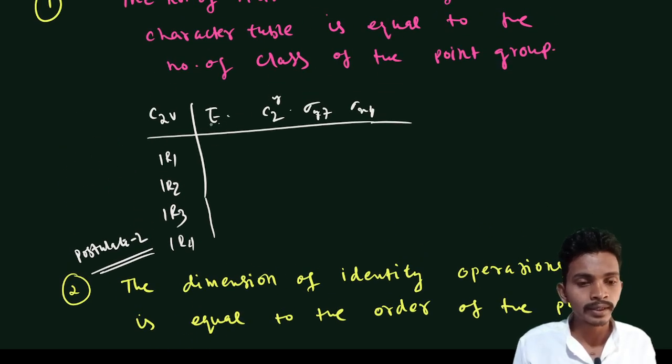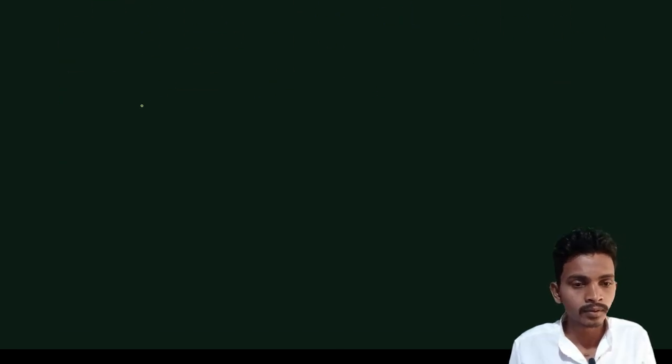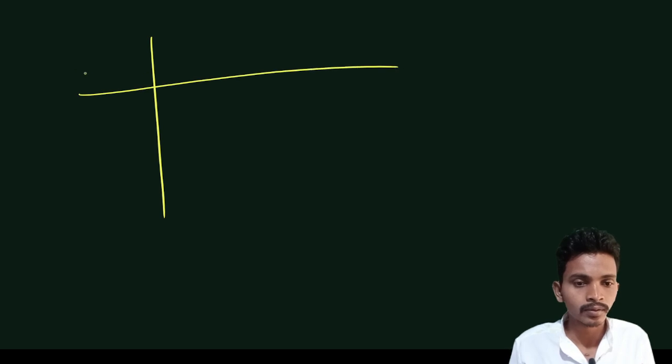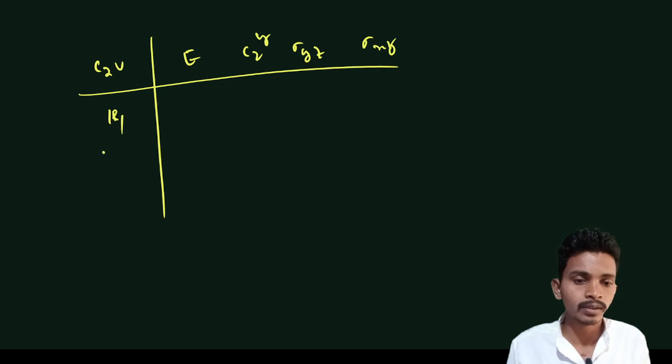So this identity means, let's say for water, if we take C2v: E, C2, sigma xz, sigma yz, and here we have IR1, IR2, IR3, IR4.